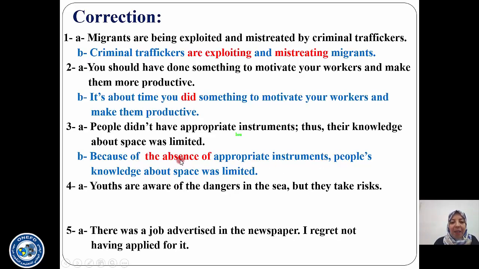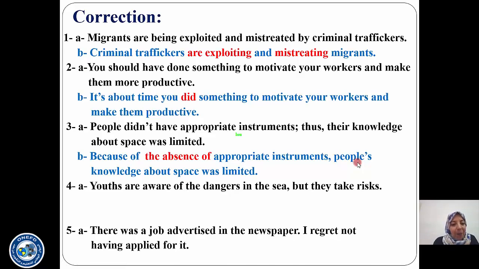The word absence replaces the negation that was used in sentence A. Don't forget to remove thus, since it is already replaced by another conjunction expressing cause. So the sentence should be: because of the absence of appropriate instruments, people's knowledge about space was limited.